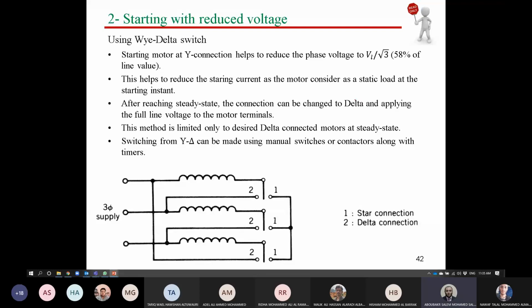If you connect the motor as a star, in this case the phase voltage will be V line over square root of 3, which is 58% of rated voltage or line voltage. So you start the machine already at lower voltage. Then if you convert the connection from Y to delta, it will be connected again to supply the motor with the line to line voltage. So this is another technique to supply the motor with reduced voltage.